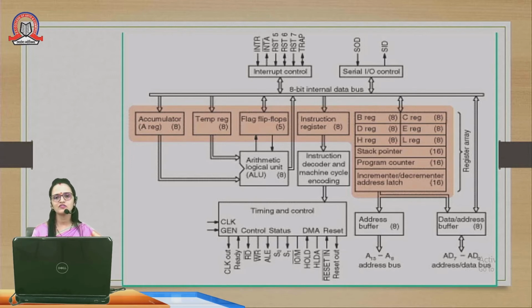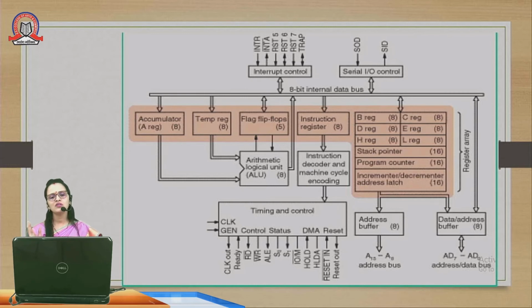The accumulator, temporary register, flag register and instruction register, these four registers are basic 8-bit data. What is the meaning of 8-bit data? A slot represents a bit. So 8-bit means a fixed 8 bits of data are occupied by a particular register.